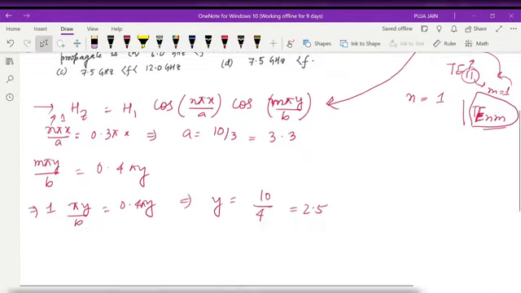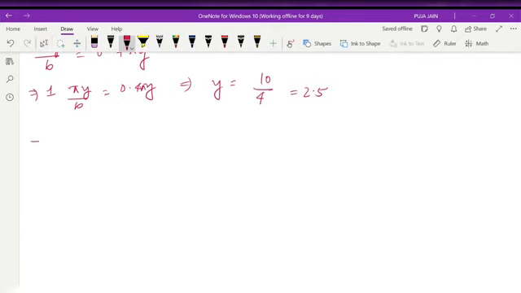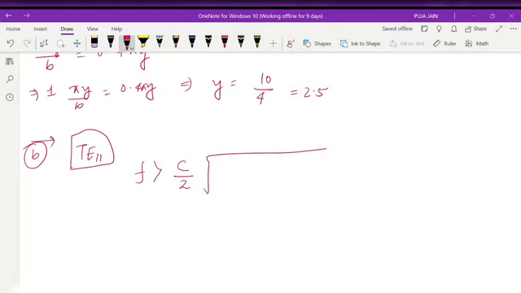First we need to know the formula of frequency f. For TE mode, here 1 1, frequency f must be greater than c by 2 times the square root of (m by A) square plus (n by B) square. C is the speed of light. A and B are the dimensions of the rectangular waveguide.